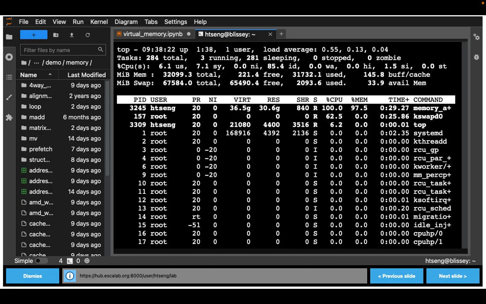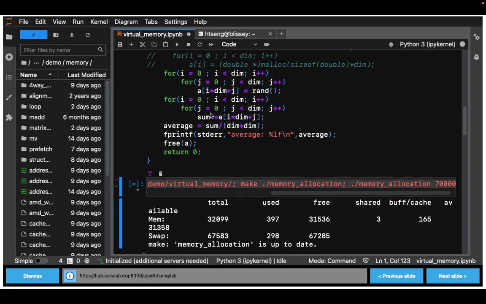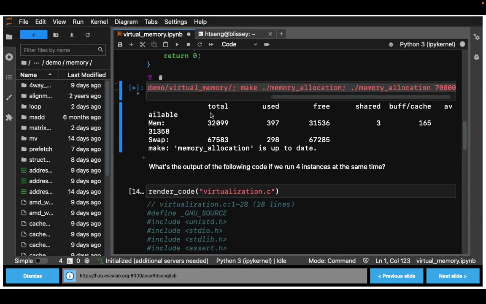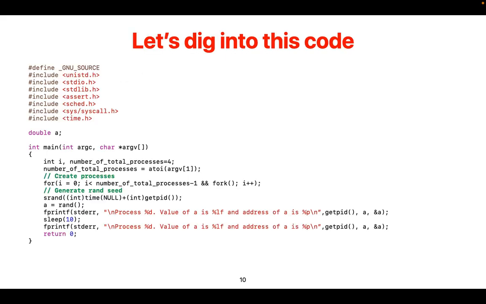Right now it is running this memory allocation instance. We can check the result later, but the answer is that for that particular piece of code, it will finish without any issue. But it is just slow. Why is that? We will talk about that later.